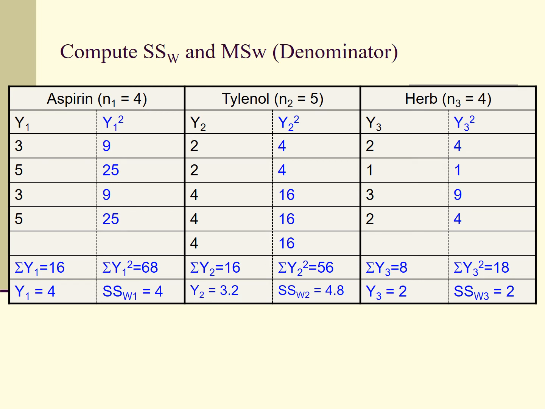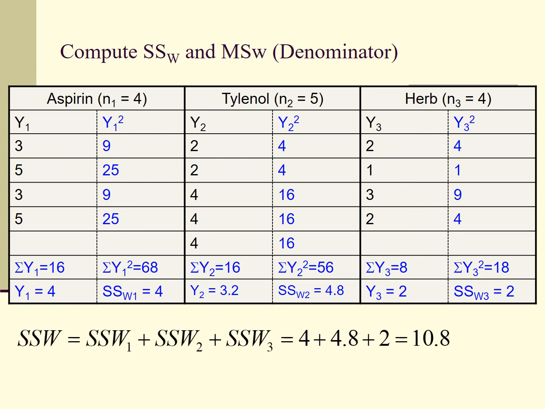Next, we can compute SS within and MS within, the mean square for the within, the denominator. So SS within, the overall within, is 4 plus 4.8 plus 2, which is 10.8. Then the MS within is 10.8 divided by degrees of freedom for within, which is 10.